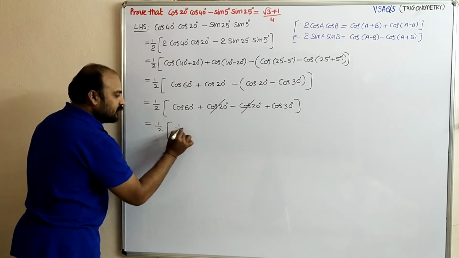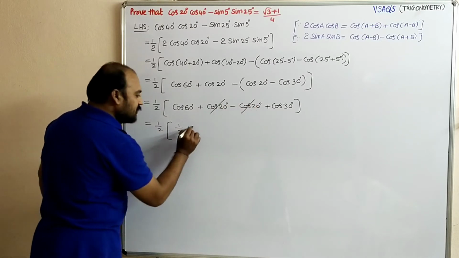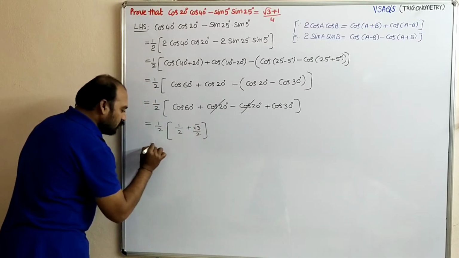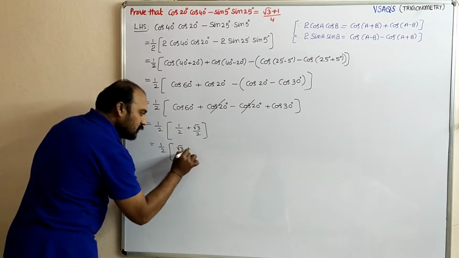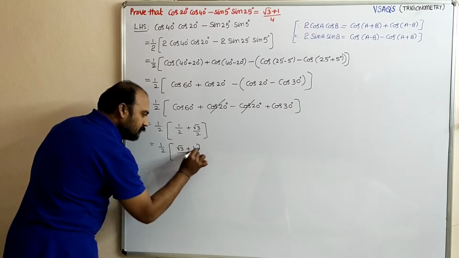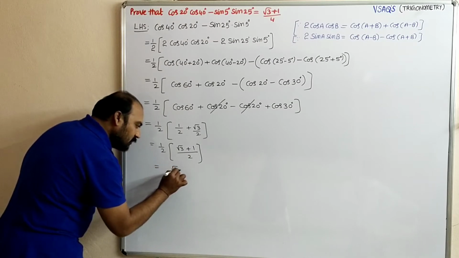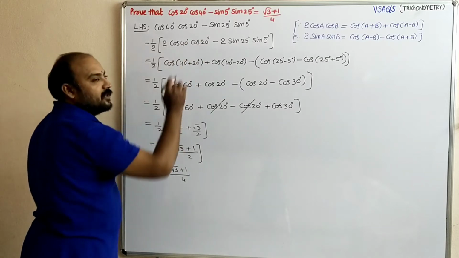Cos 60 is 1 by 2 plus cos 30. Cos 30 is root 3 by 2. So which is equal to 1 by 2 into root 3 plus 1 divided by 2. Take LCM, 2 is the LCM now. So which is equal to root 3 plus 1 divided by 2 into 2 is 4, which is our required RHS.